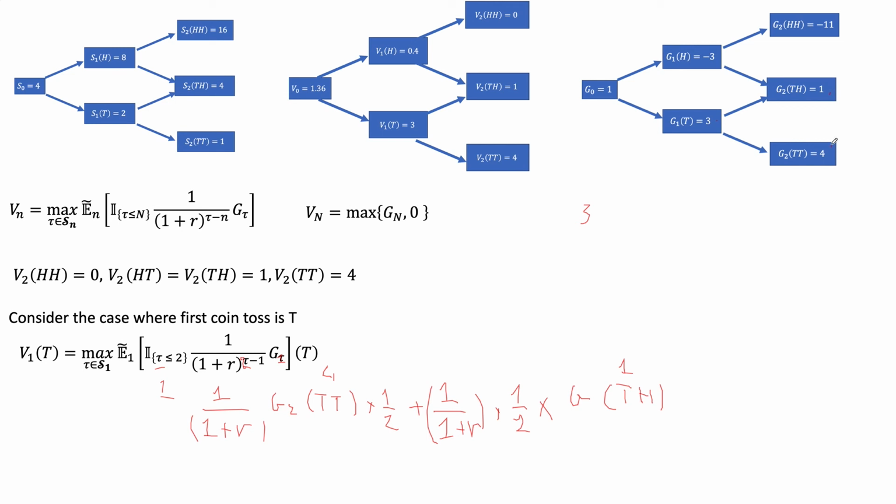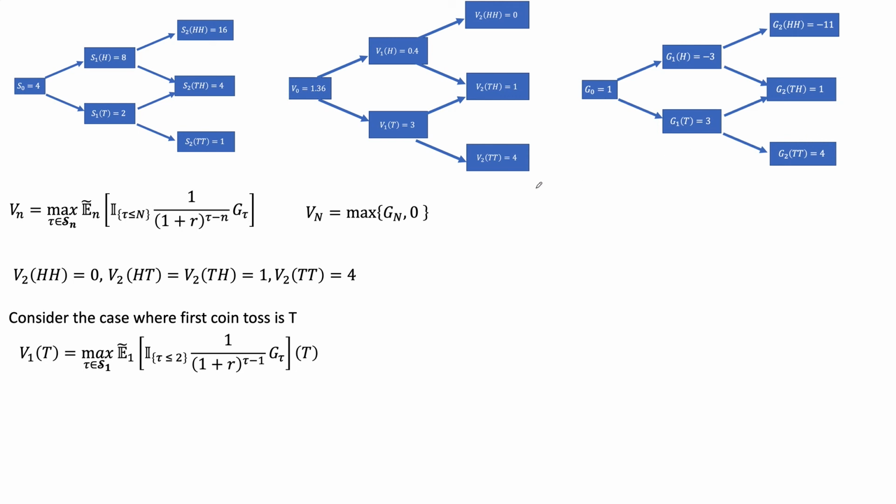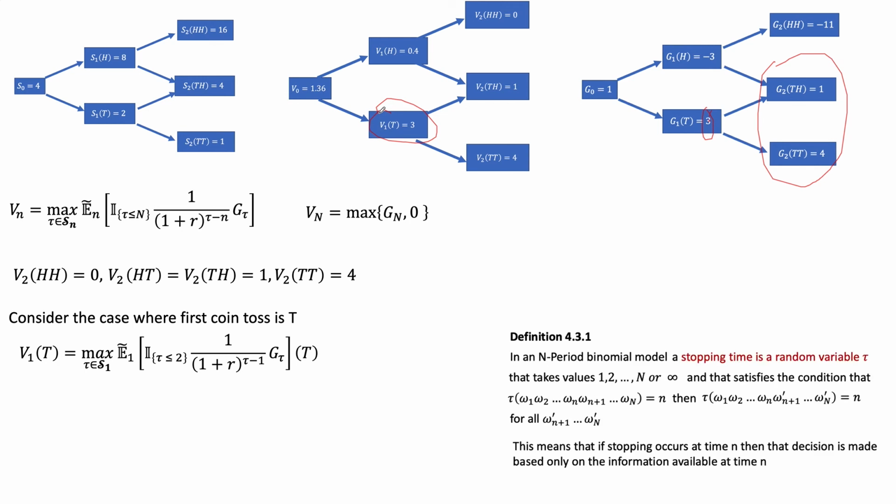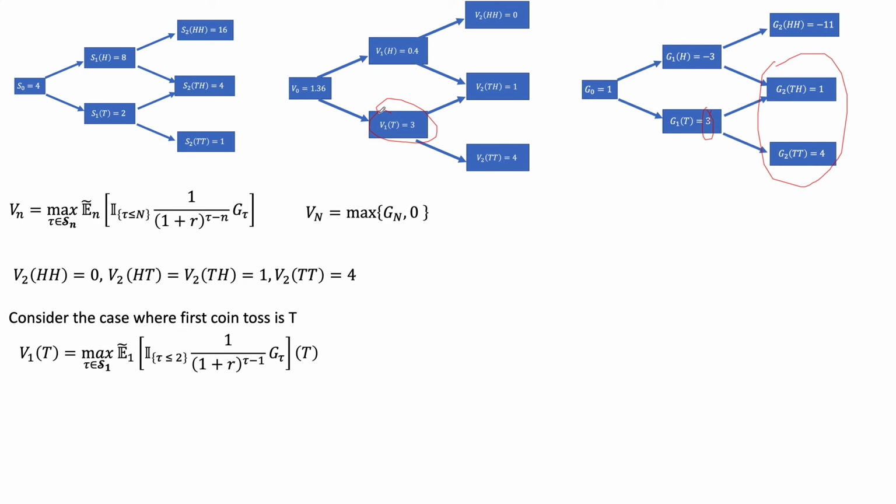I'm just taking these values from here, and when you do all the math, if we go here in the future and discount to the present, we find that the value will be 2. And between 2 and 3, it makes sense to exercise at time 1, where we get the value of 3, which is higher. And we've seen that this matches the value of the option at this point. Okay, so I think that's all I want to talk about in this one.